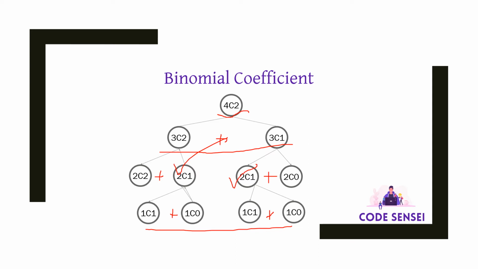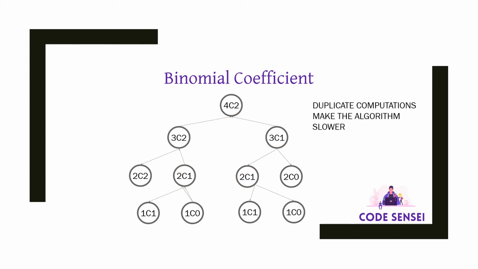These duplicate cases mean that we are recomputing things again and again, which is going to increase the time that our program is going to run. So these duplicate computations make the algorithm much slower.